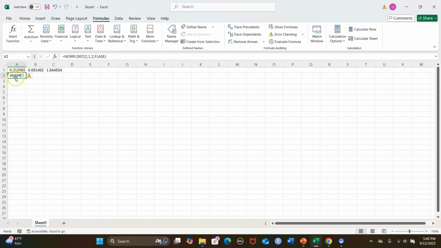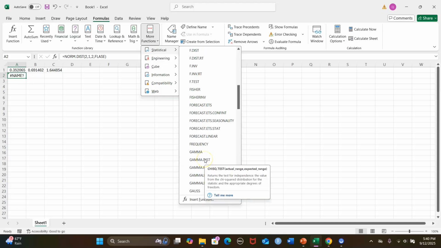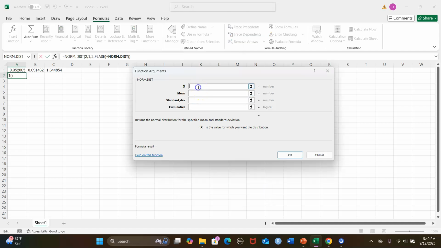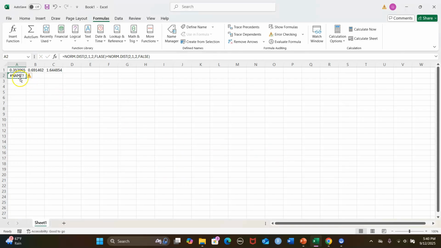Oh, what's happened here? Let's see. NORM.DIST. Okay. So I say this is 2, this is 1, and this is 2. Cumulative, this is a logical value, false, and then this is interesting.